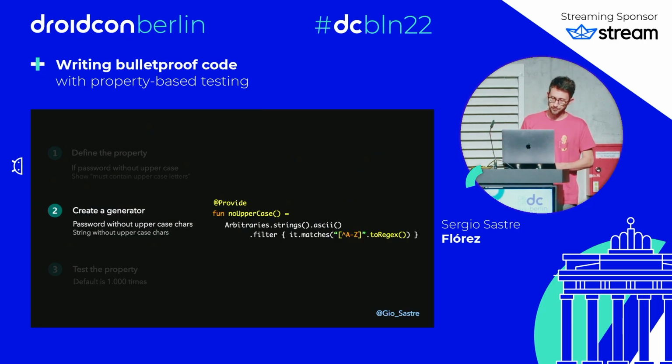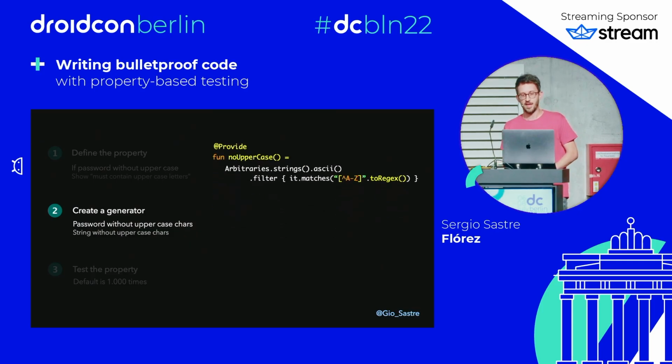For that, in jqwik, we need the Provide annotation to say, hey, this is a generator. And then we have to use this Arbitraries thing that you see there that basically generates random strings that match this regex, that is, it does not contain uppercase.